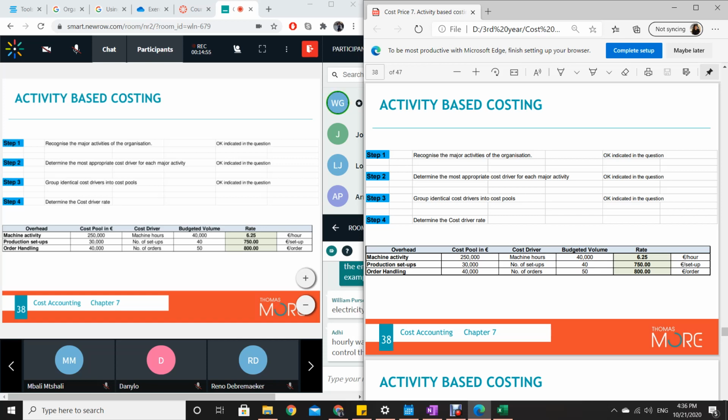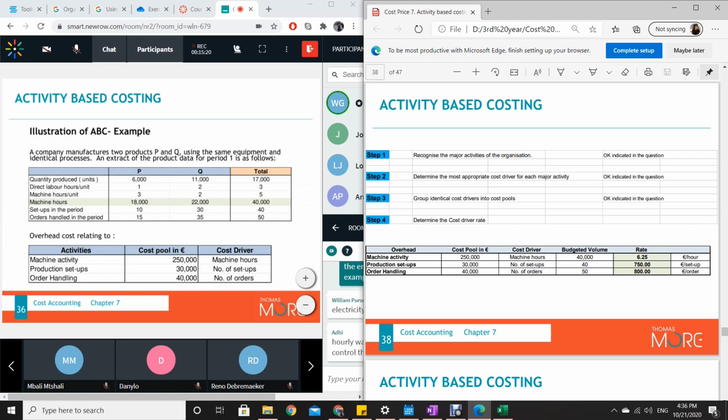What's very important, that you see here at the end of the table, is it's euros per hour, euro per setup, euro per order. It's per something. It's a ratio or a rate. So the machine activity, we say it's 250,000 euro. The total volume, so we go back and we always take the total volume of machine hours, is 40,000.